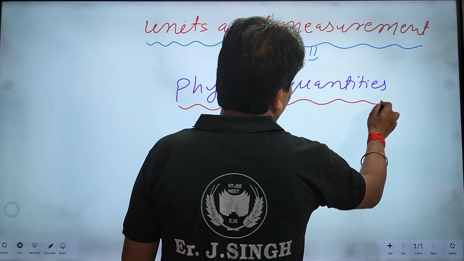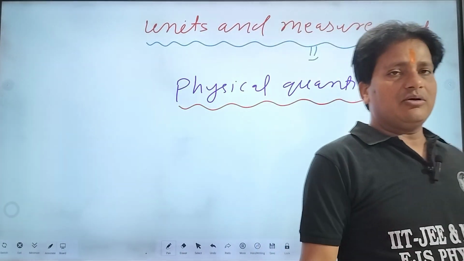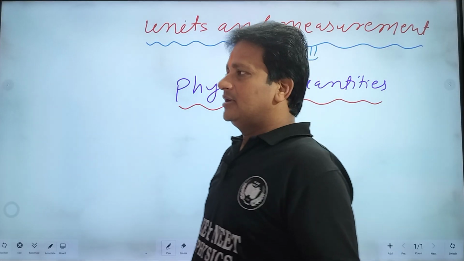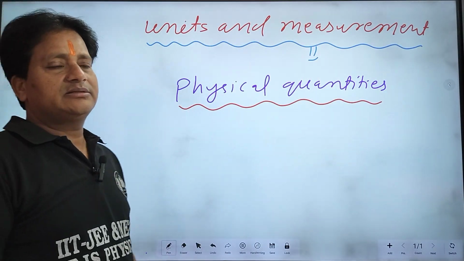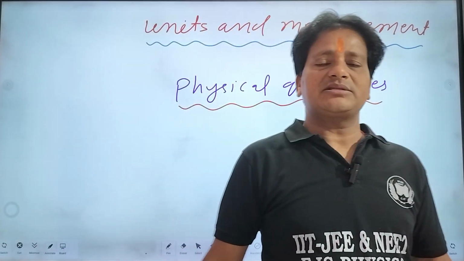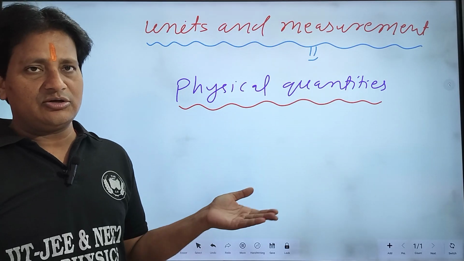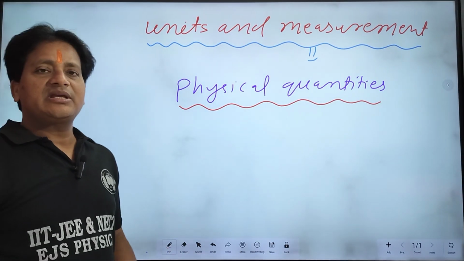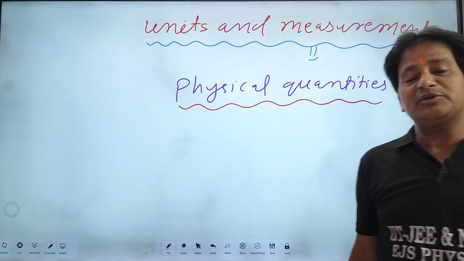What are the physical quantities? The quantities which can be measured are called physical quantities. Those quantities which can be measured, such as mass can be measured, distance can be measured in meter, centimeter, kilometer, etc. A speed can be measured by using a speedometer.